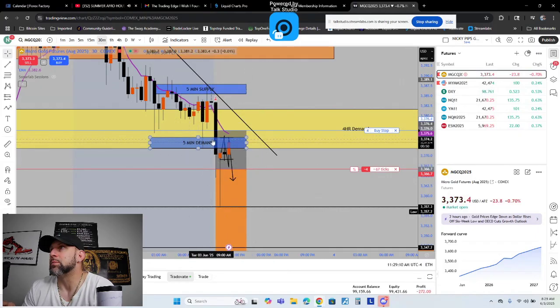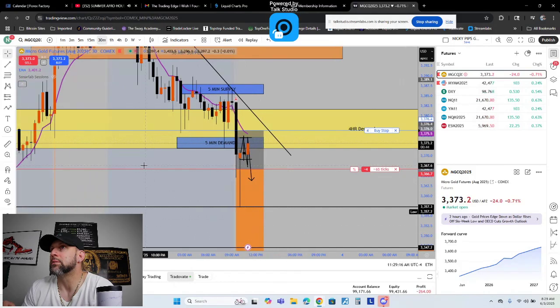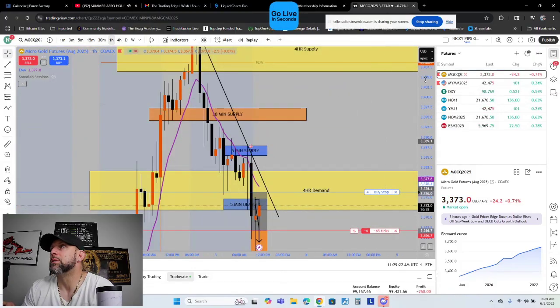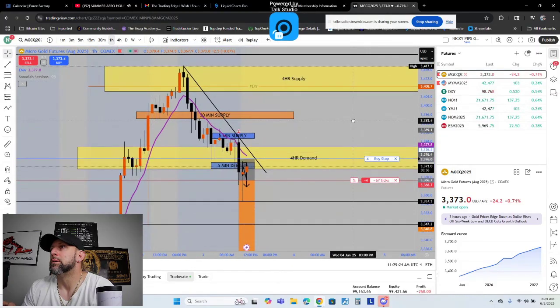So if it doesn't respect this 5-minute demand, we could come up here and then end up pushing down. Like I said, the trend is bearish right now on the 30 minute and on the hour. So if we can reject and not respect this 5-minute demand, then we could be looking good.